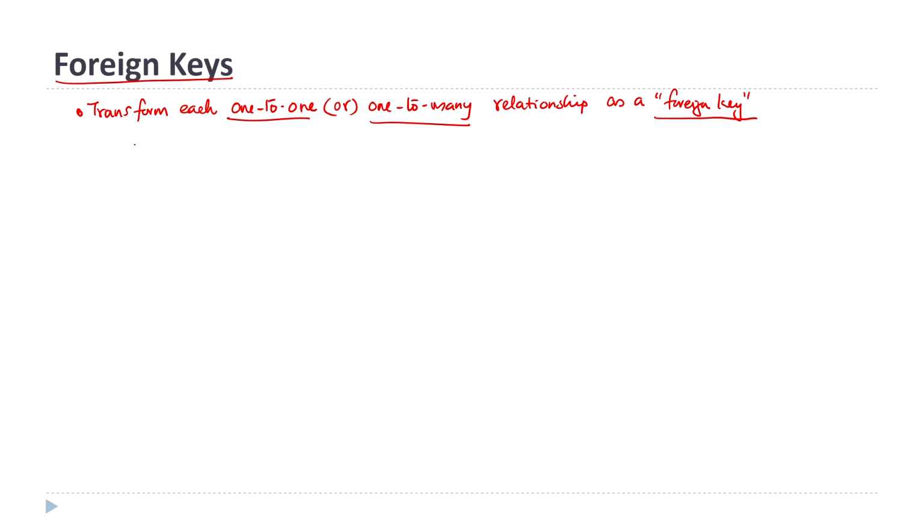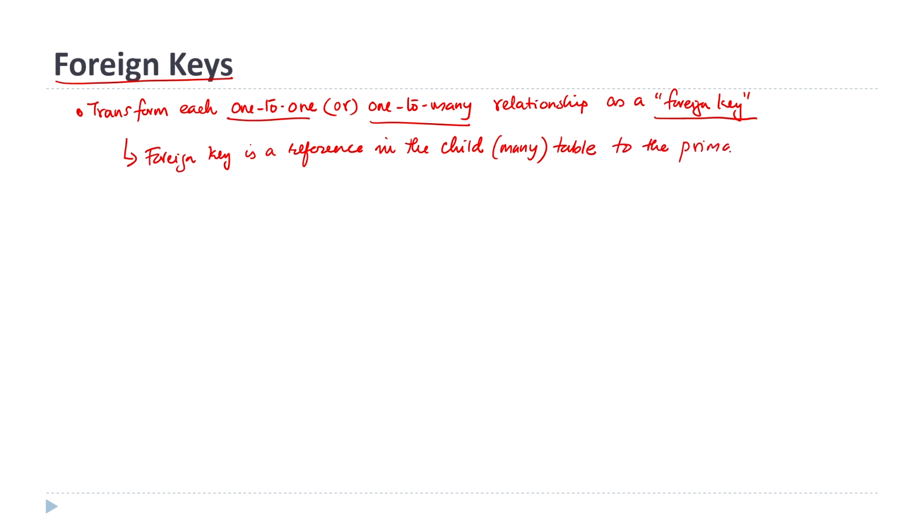Another way to think about it is, a foreign key is a reference in the child, or the many table, to the primary key of the parent, or the one table.